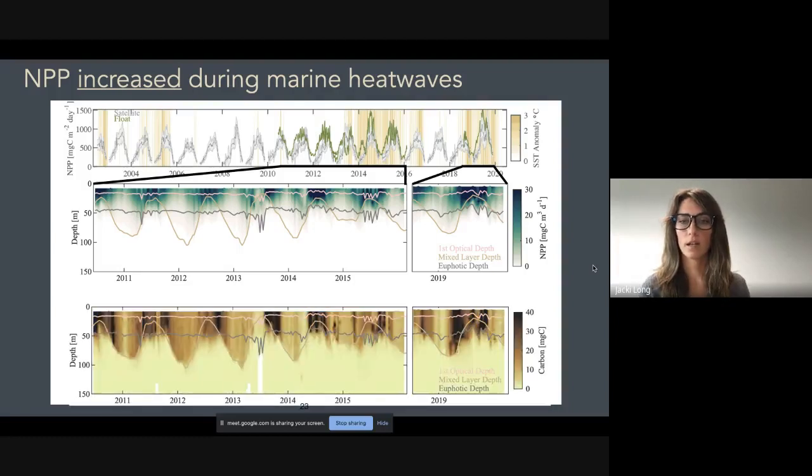And then here is carbon, again, which was calculated from backscatter from our float sensors with depth. And here we see, again, changes with NPP coincide with increases in carbon accumulation, especially during these 2 years of major ocean warming.